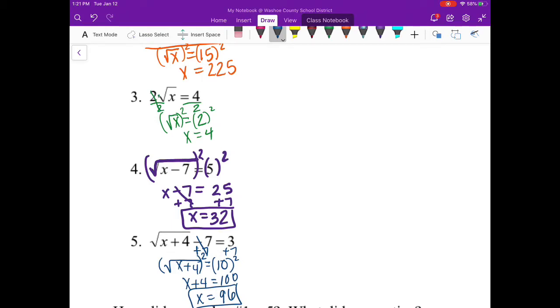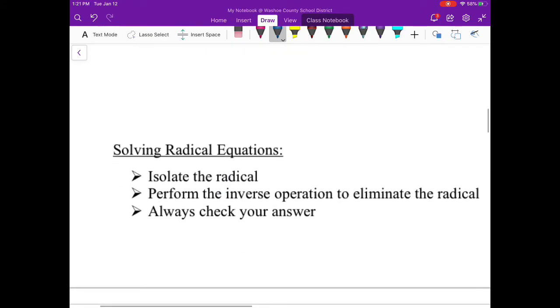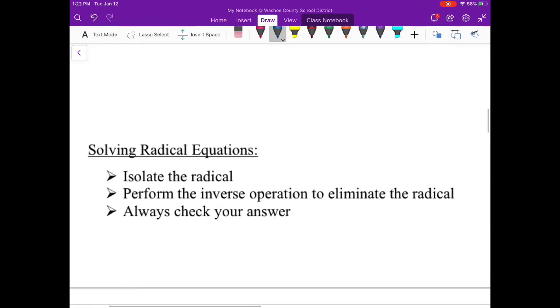So some patterns that hopefully you noticed as we went through and solved for these, and we're going to follow these same steps when we're solving radical equations. First, we want to isolate the radical. So if there's something being added or subtracted next to it outside the radical, we want to get rid of that first. If it's being multiplied or even divided by something, we want to get rid of that next.